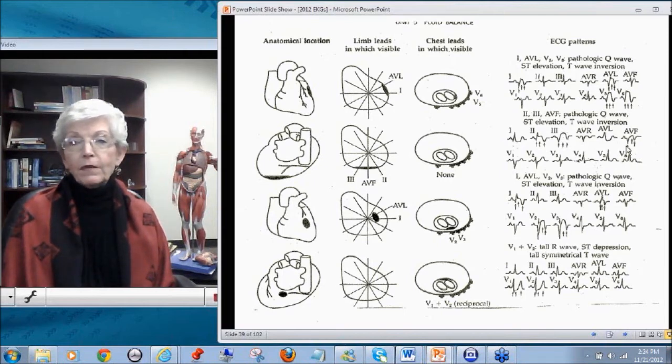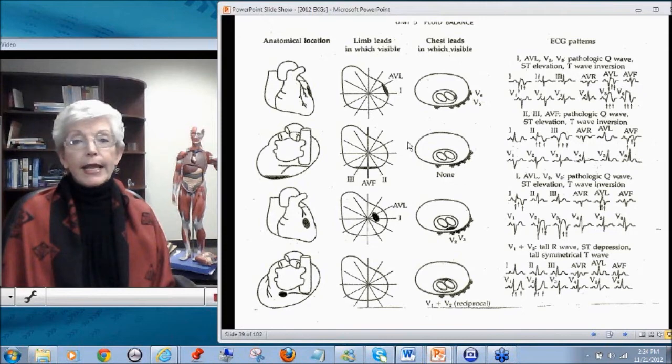And AVF, again, tombstone and inverted T's. But all my other leads did not show changes. So I'm seeing a pattern of EKG changes that are consistent with these particular leads. And I know that in these particular leads, I'm looking at the inferior wall of my heart.